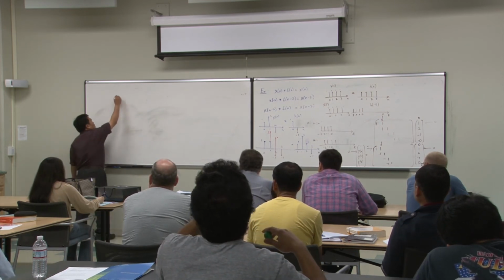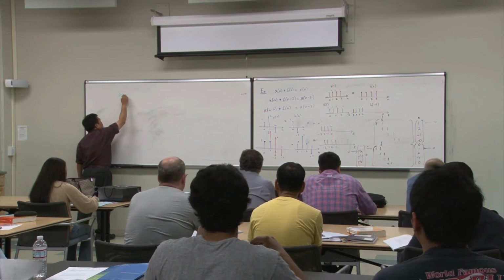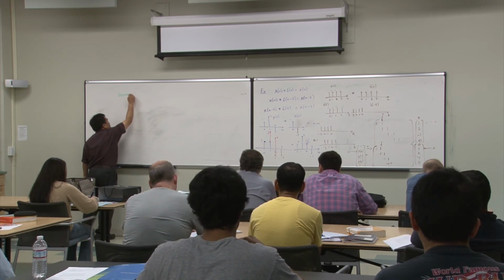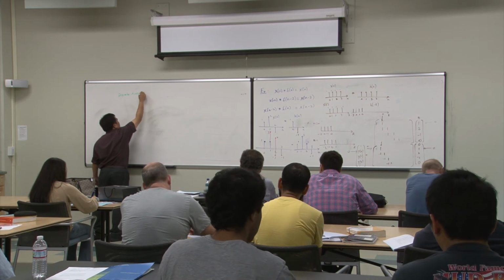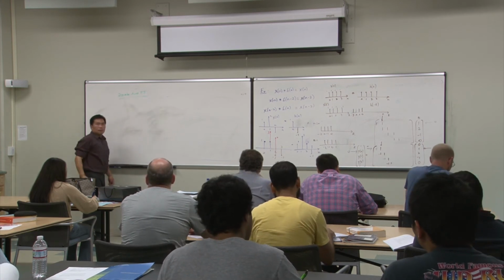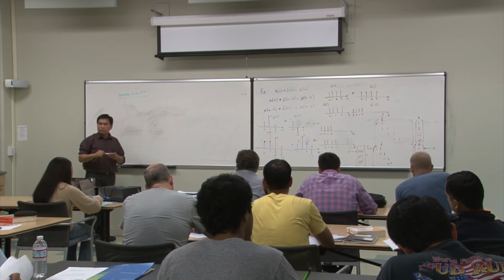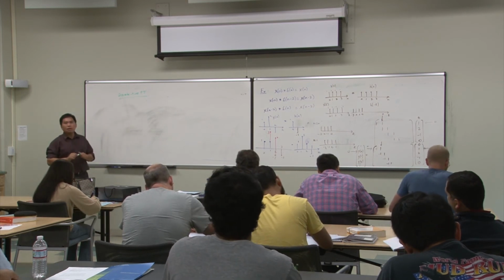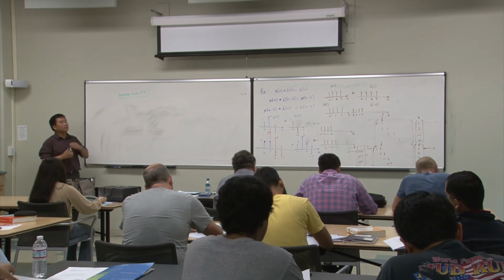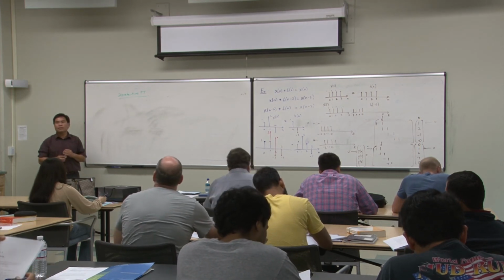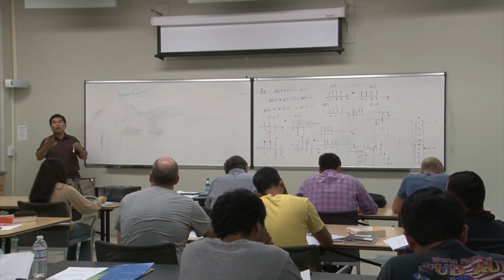So how do you derive the discrete time Fourier transform? Is green visible down there? Who remembers how to derive the discrete time Fourier transform? Who remembers what it is?